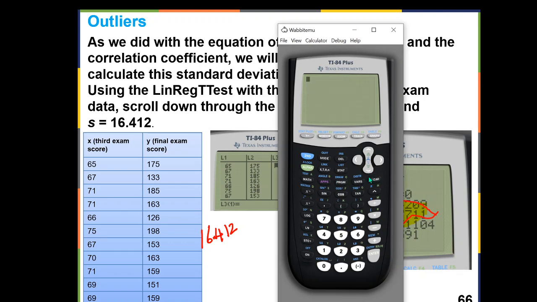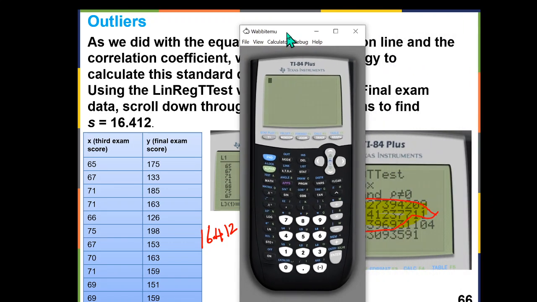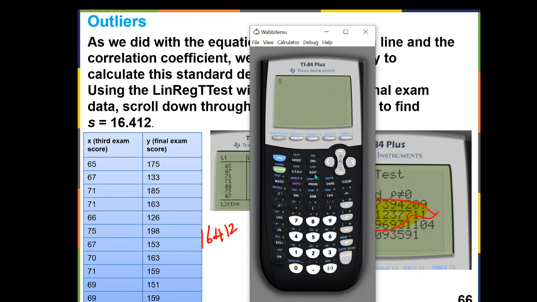Now if we want to do it by hand, we're going to have to go to stat edit, and in L3 go up to the title of L3, and in L3 we can put a formula to find the difference between yi and y hat i.